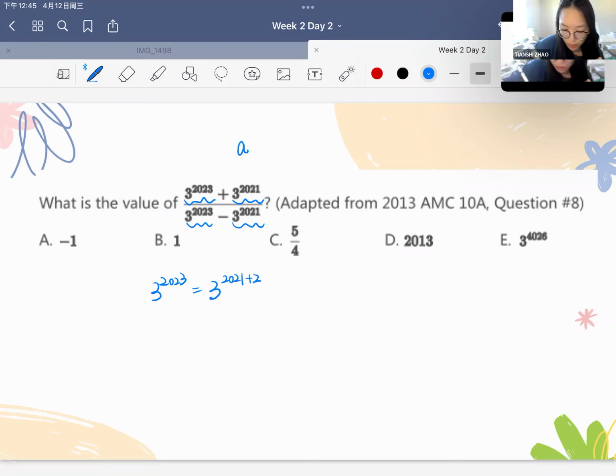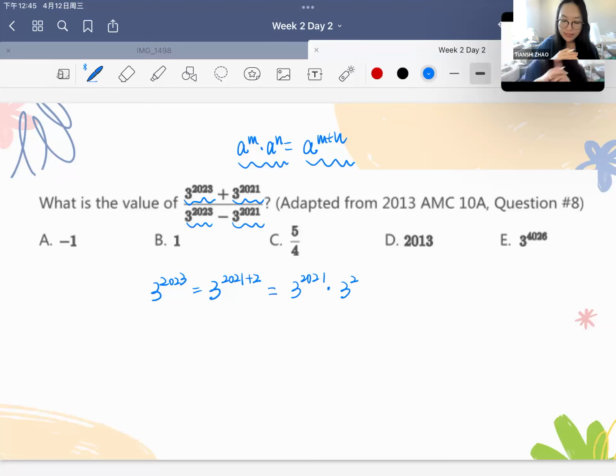So a to the power of m times a to the power of n equals a to the power of m plus n. And we can also use the formula reversely. So a to the power of m plus n equals a to the power of m times a to the power of n. So here, it also equals 3 to the power of 2021 times 3 to the power of 2. So we can use the formula reversely.